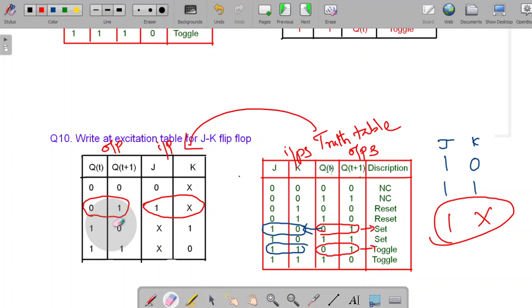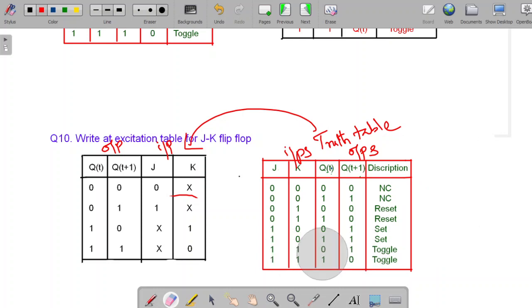Now we go for the third combination. How do we get the third combination? The third combination is given as 1 0. So we look for Q(t) and Q(t+1) as 1 0. Here you have this combination 1 0, and here you have that combination as 1 0, that corresponds to reset and toggle, right? So accordingly you check its input conditions.